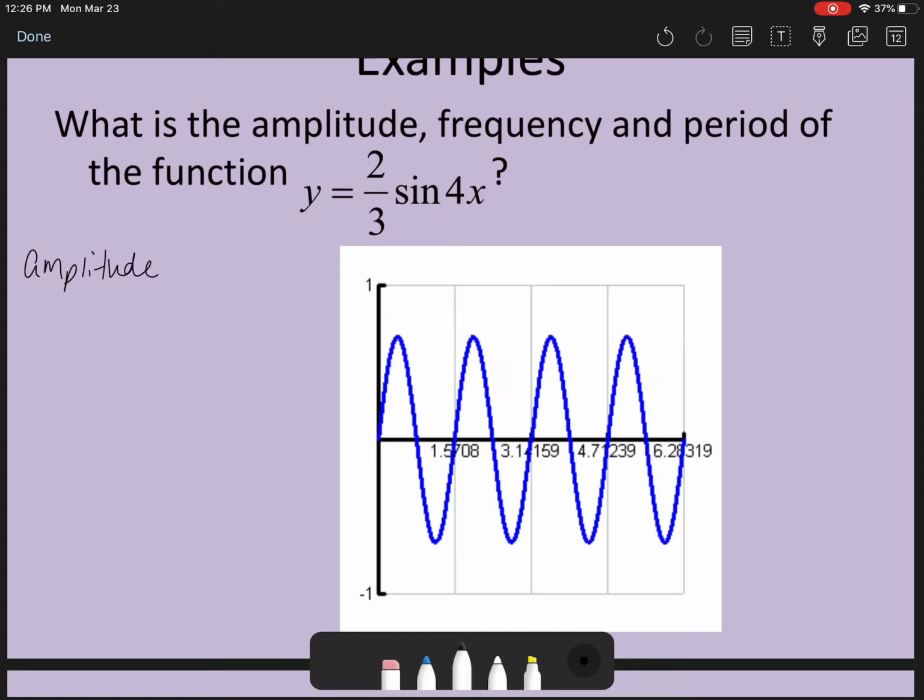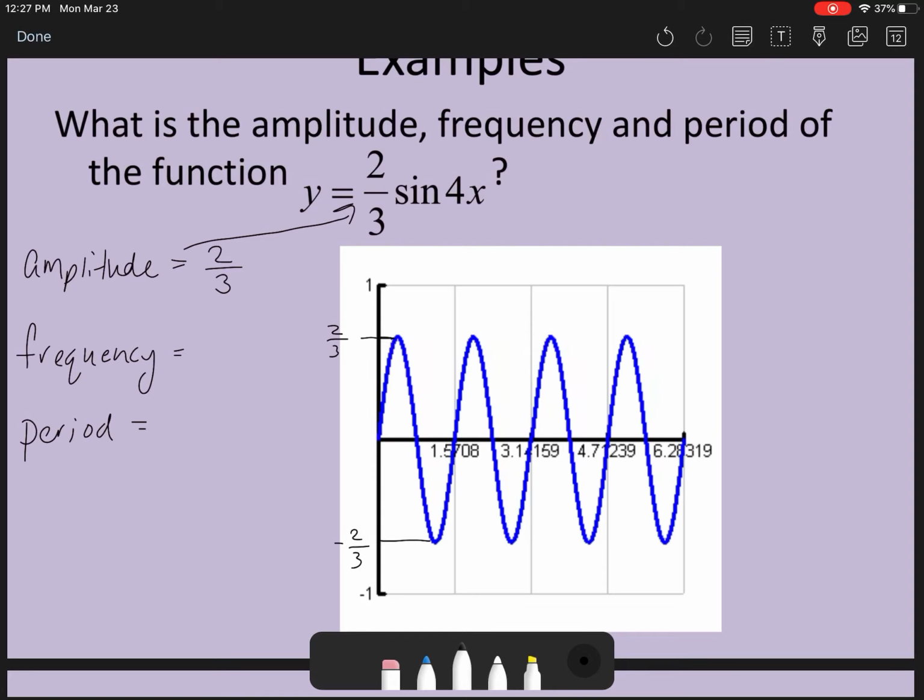Okay, next, let's pull out the amplitude, frequency, and period. Now, notice from the equation, I know that the amplitude is 2/3. Okay, that means that this here is 2/3.